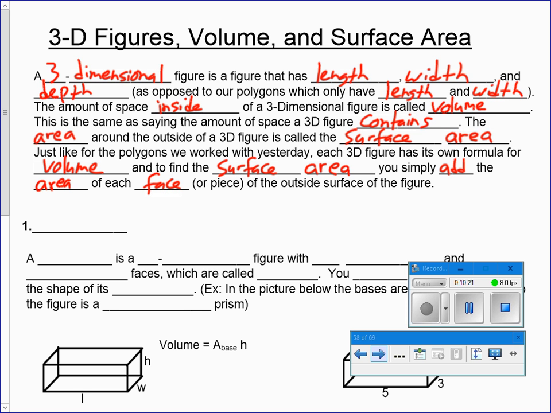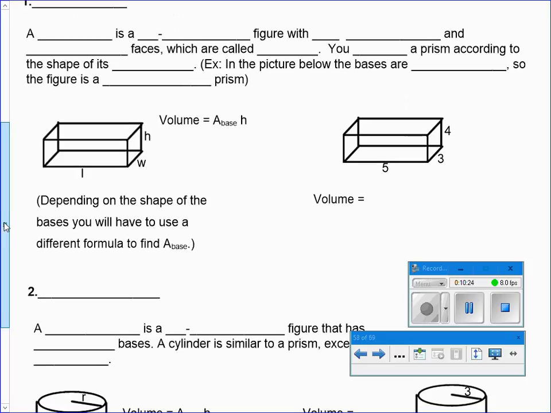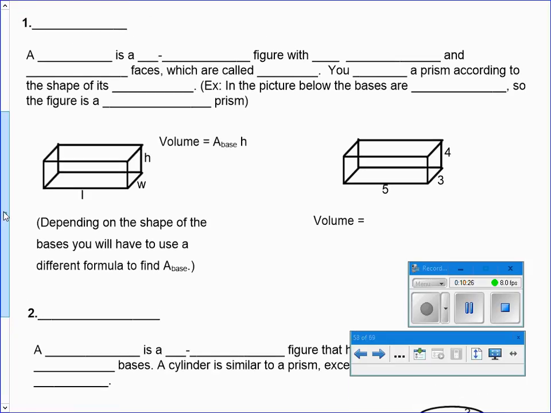So we're going to go through four types of three-dimensional figures. First one is called a prism.